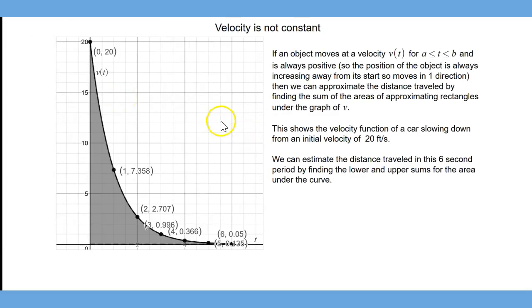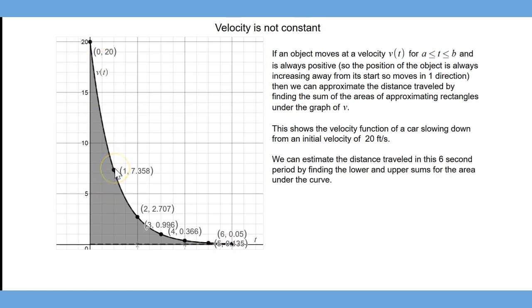So here's an example of a graph of a velocity function that's not constant. It is showing it over a 6-second interval. At time 0, it's going 20 feet per second.